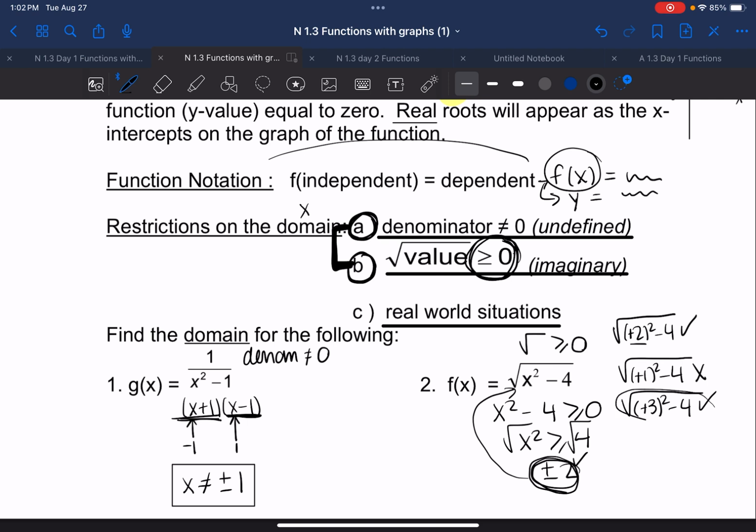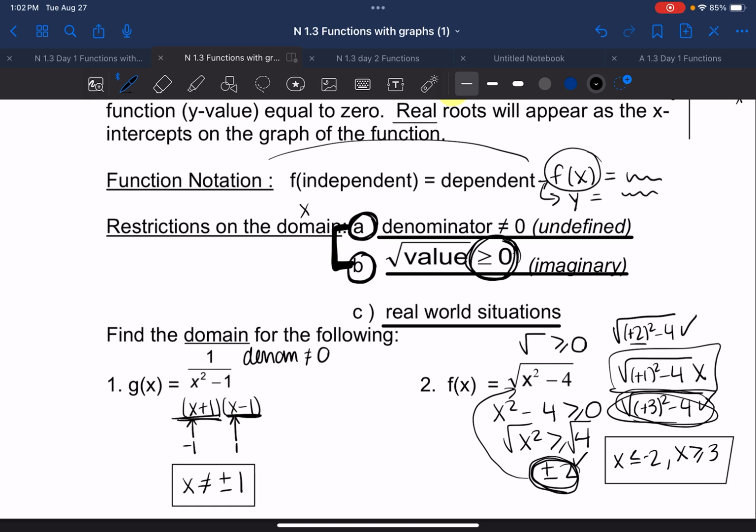Anything larger or smaller than those two values work, but the things that are in between did not work. So we're saying that x is going to have to be less than negative 2, like our negative 3 was, or x is going to have to be greater than positive 2, like we showed here.